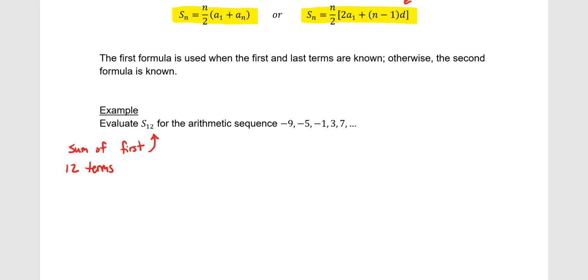But let's get some practice and use the second formula. So let's go ahead and write that down. That's going to be the sum of the first n terms, n over 2 times the first term plus n minus 1 times d.